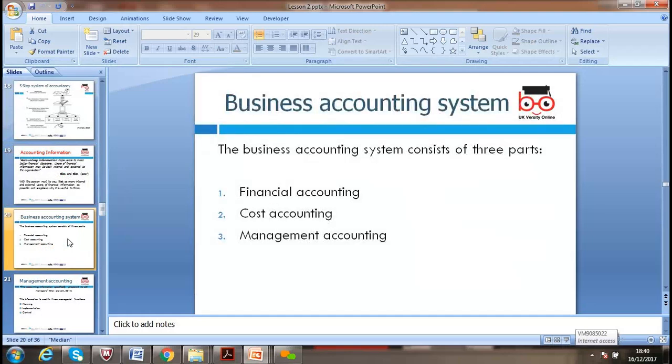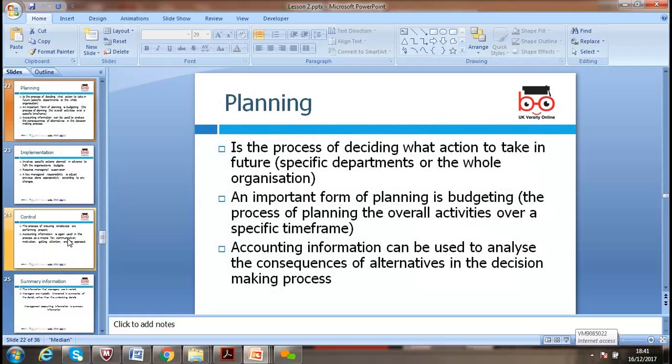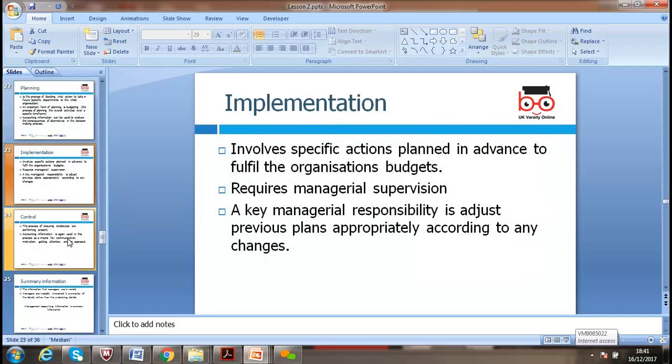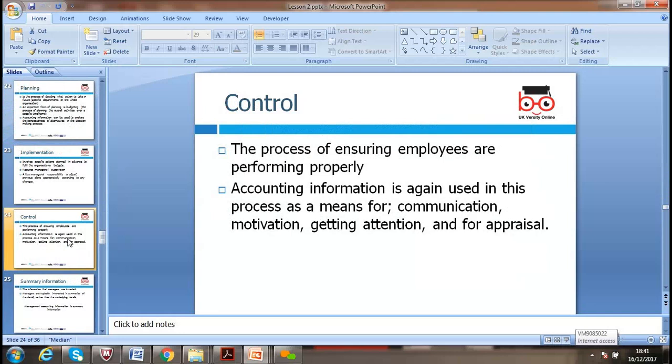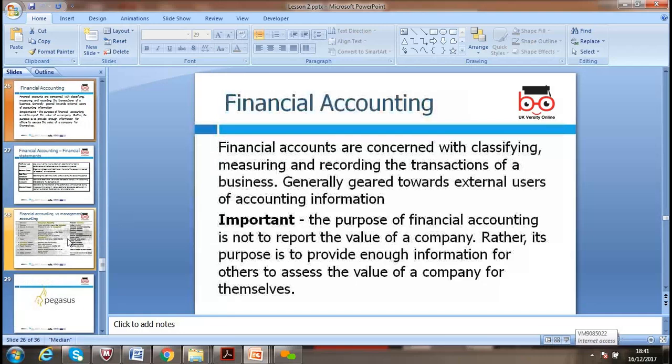Business accounting systems like financial accounting, cost accounting and management accounting are used for planning, implementation and control purposes, like how many employees. So we can do the reporting to control it, and provide the summary of the information in the shape of financial accounting.